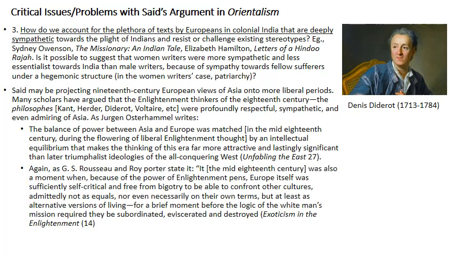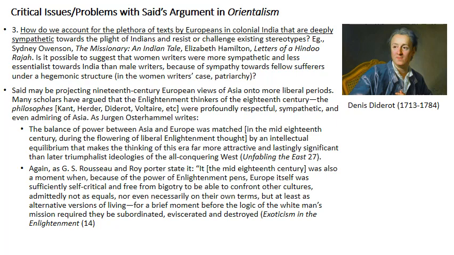Again, as G.S. Rousseau and Roy Porter stated, the mid-18th century was also a moment when, because of the power of Enlightenment pens, Europe itself was sufficiently self-critical and free from bigotry to be able to confront other cultures, admittedly not as equals, nor even necessarily on their own terms, but at least as alternative versions of living.